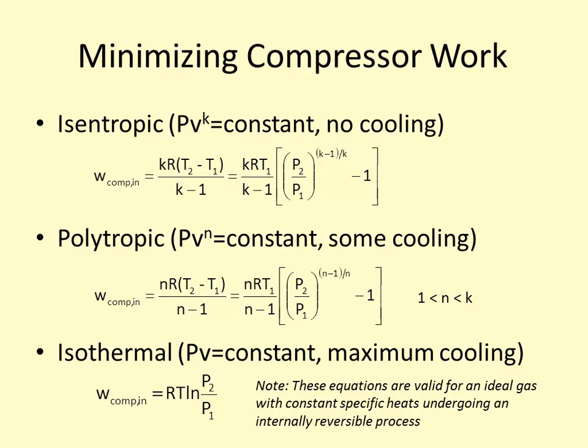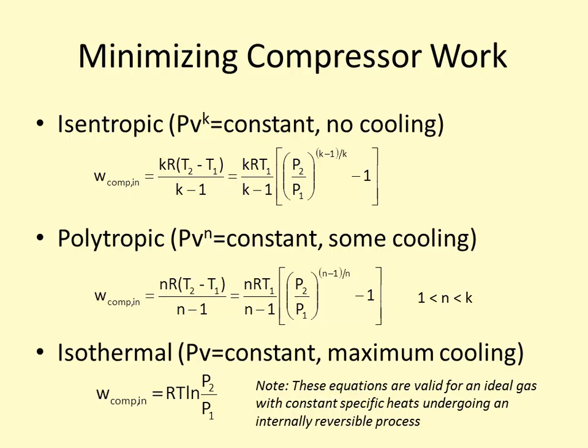Then when we integrate, we come up with this equation for an ideal gas, kR times (T2 minus T1) over (k minus 1), which is also equal to this if we substitute pressure into temperature and rearrange. Depending on whether you know the temperature difference at the initial and final state or the pressure difference at the initial and final state, one might be better than the other two.